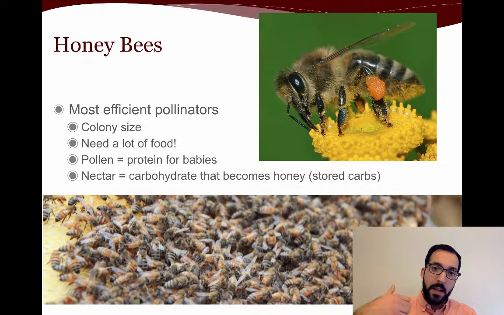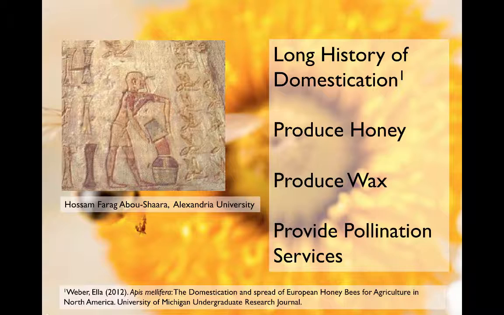As such, you have them visiting a lot of flowers. When they're visiting those flowers, they'll be transferring pollen between them, thereby being excellent pollinators. And they use that pollen as protein for their babies and the nectar as a carbohydrate source that becomes honey that we then use. It's stored carbohydrates. Now, there is a very long history of domestication for honeybees.